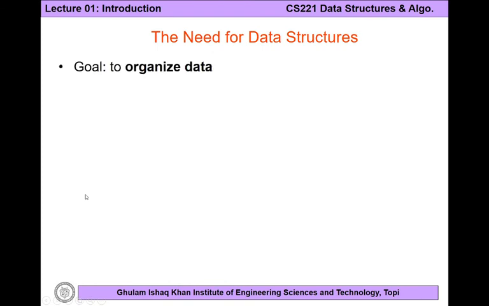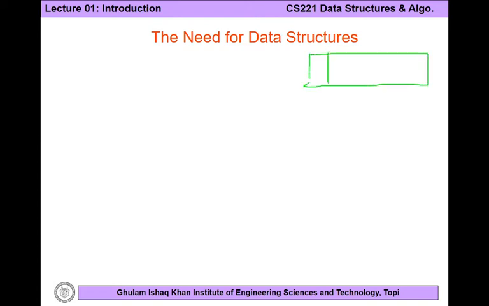Now again, what is the need of data structures, right? For example, if we only knew an array, apparently we can store a lot of things, maybe everything, in this particular data structure, an array. So what is the need to have data structures, and why go through all the hassle of learning and implementing all possible sorts of data structures, right?